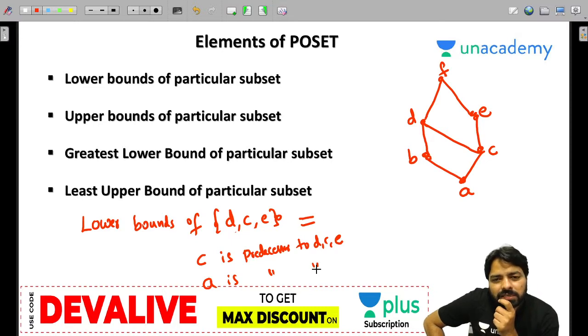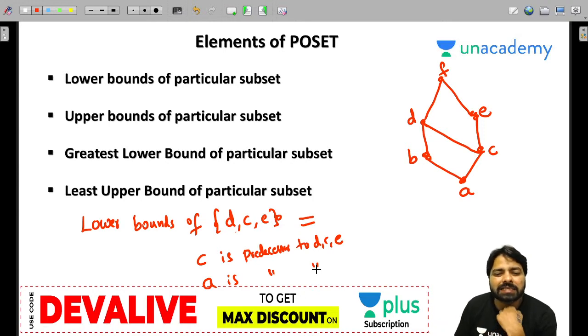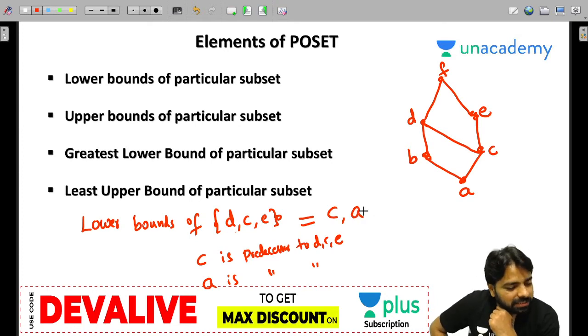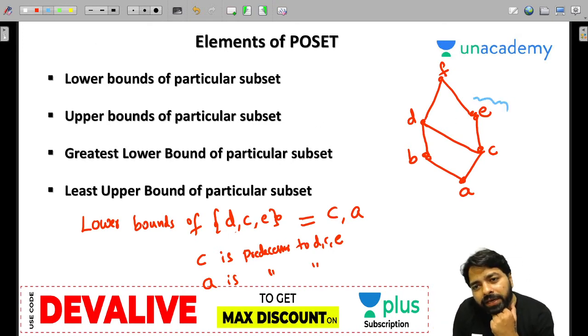C is the predecessor to CDE because C has a relation with C and D, E, and A also has a relation with the CDE. So then we get the answer C comma A. Yes, A is also right. Lower bound, your interest only should happen here.